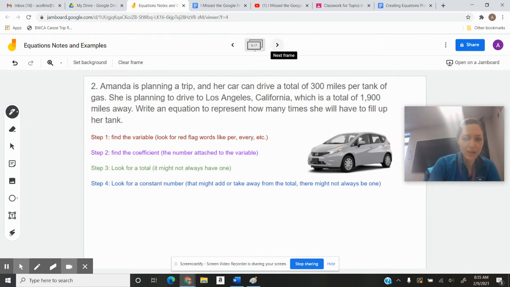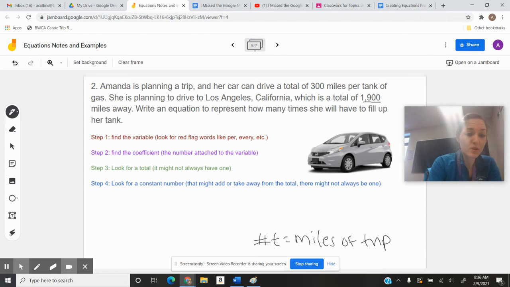Okay, so I'm trying to figure out the number of tanks that I'm going to be filling up throughout my trip. And my trip is measured in miles. I need to go at least 1,900 miles of my trip.